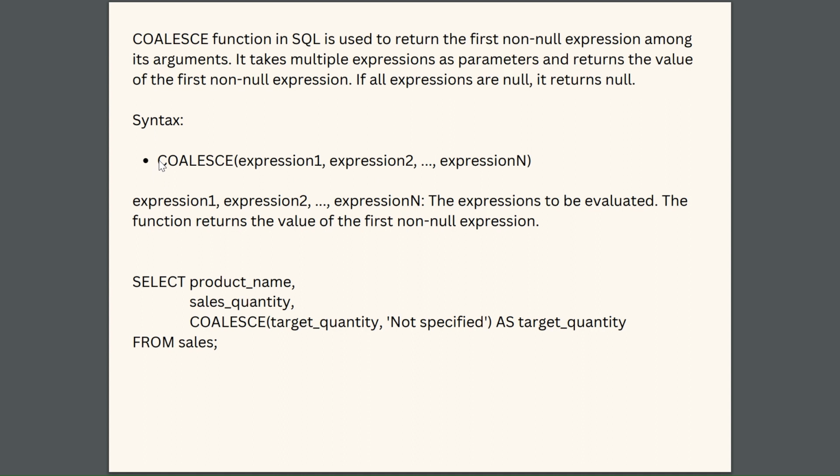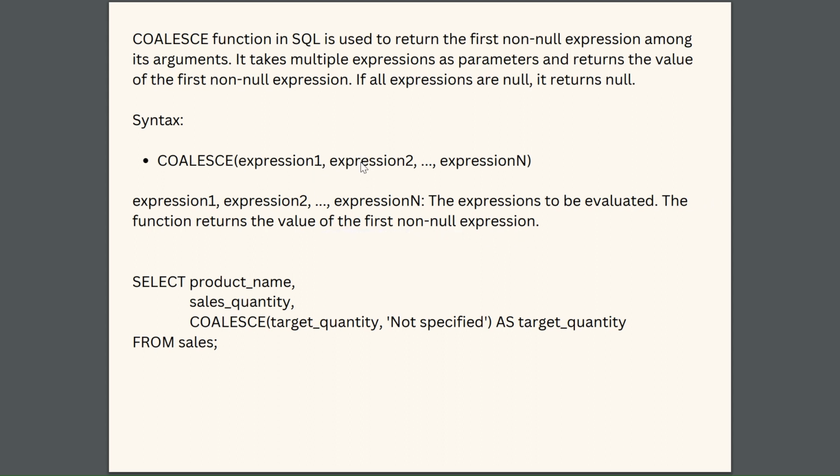And the syntax for COALESCE function is COALESCE, and inside parentheses we will specify expression. It can be column, it can be equations, it can be single scalar values, and we can give n number of expressions in COALESCE function. Expression 1, expression 2, expression n are the expressions to be evaluated. The function returns the value of first non-null expression.